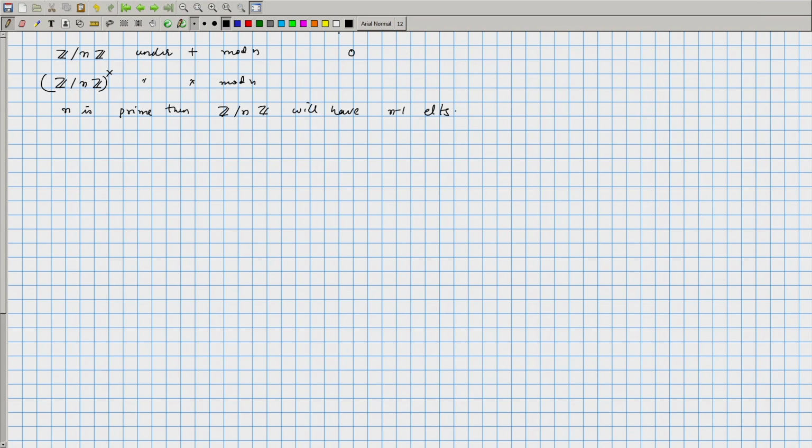We will now see some other examples from the set of complex numbers. So let us look at the complex plane.